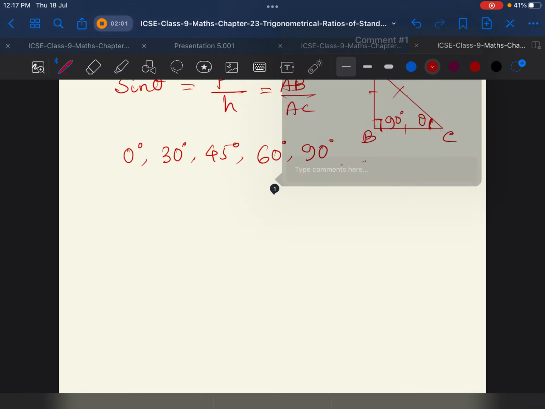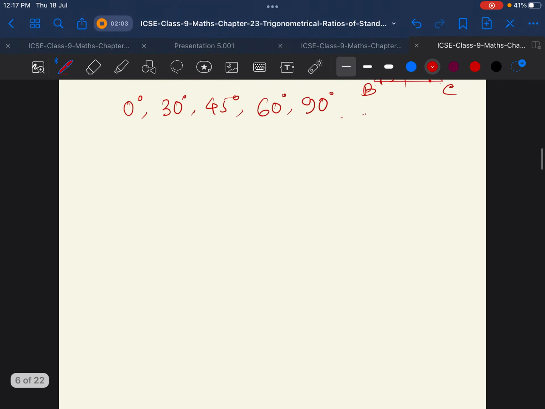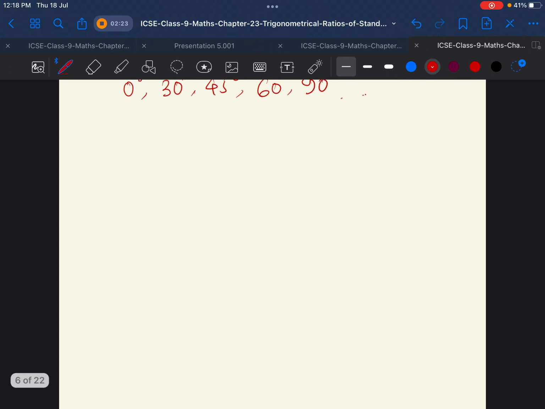We don't take all angles. We will learn the ratios of standard angles and also the trigonometry table. So first we see the trigonometry table.